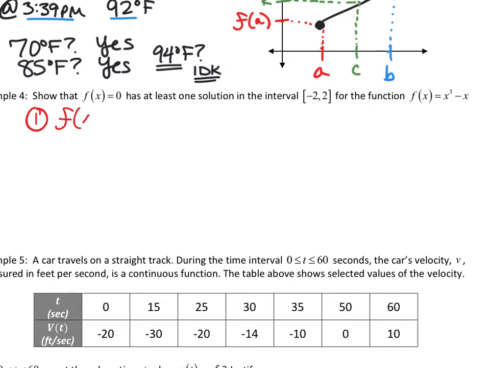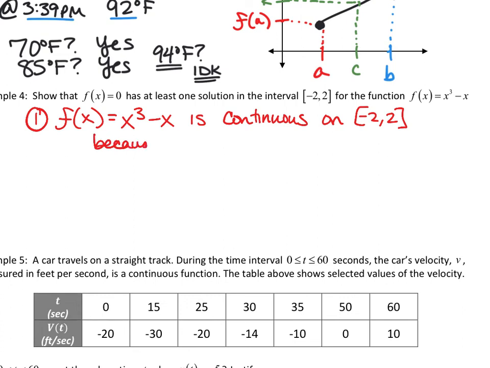So we say f of x equal to x cubed minus x is continuous on the interval that they stated, -2 to 2, and why? Because it is a cubic function. We know cubic functions from our study of the 12 basic functions are continuous on their entire domain.